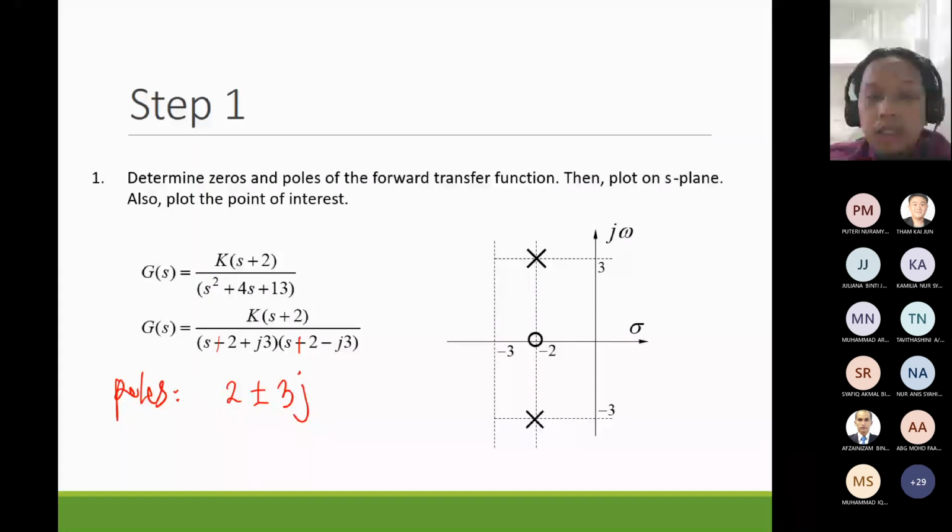So you plot this on the S-plane. The crosses here represent the poles, and this point here is the point of interest, minus 3.